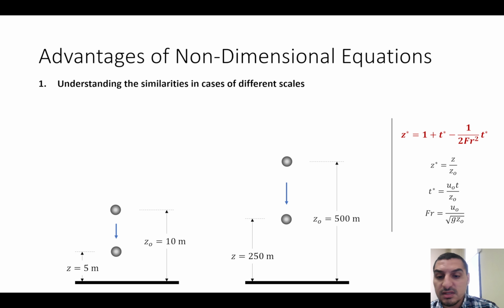And to understand this, let's consider these two systems that we have here. In one of them a body traveled upward and is now moving downward, so that z is 5 meters compared to z node of 10 meters, while in this system z is 250 meters compared to z node of 500 meters. So the system on the right is 50 times the size of the system on the left.